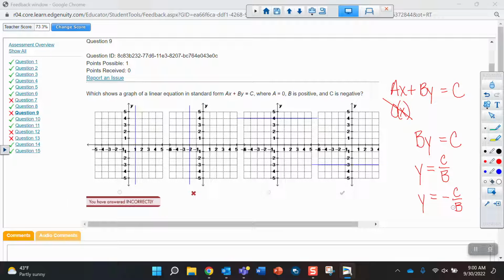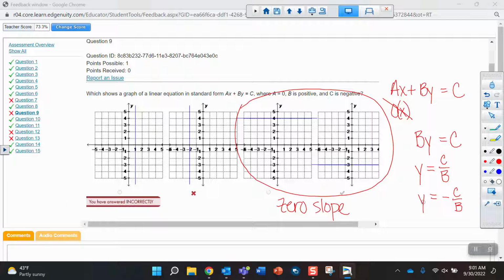So here's what this means. When you don't have an x term in slope-intercept form, it means the line has 0 slope. And so when I look at the answer choices, that's going to be a horizontal line. Both of these lines have 0 slope, because again, saying that a is 0 causes us to lose that x term. So now I just have y equals some number. This could be a whole number, this could be a fraction, but it's negative.